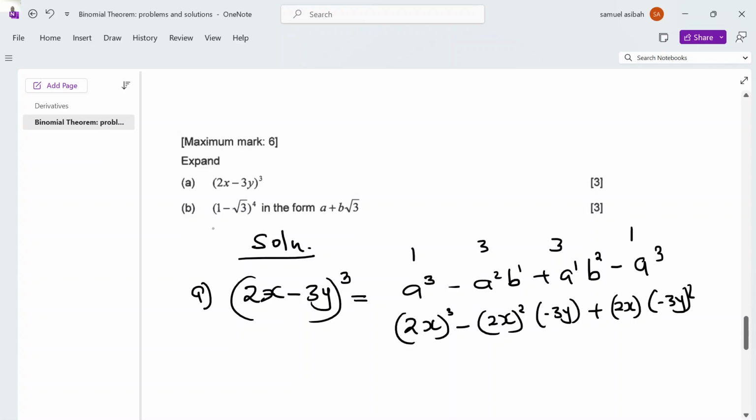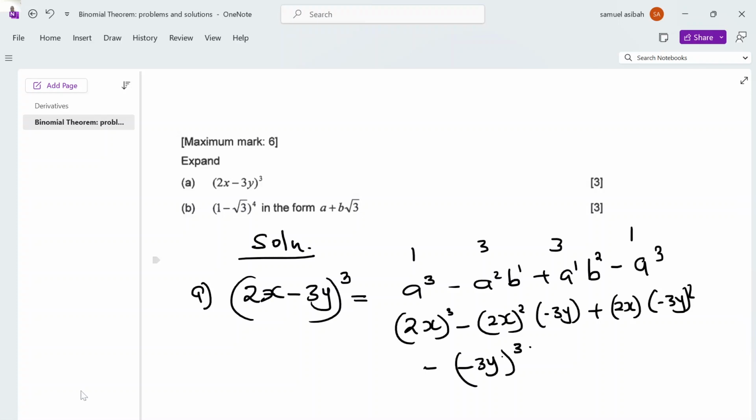Then finally we have negative 3y, then cube, just like that. Okay, that is the way you should look at it.